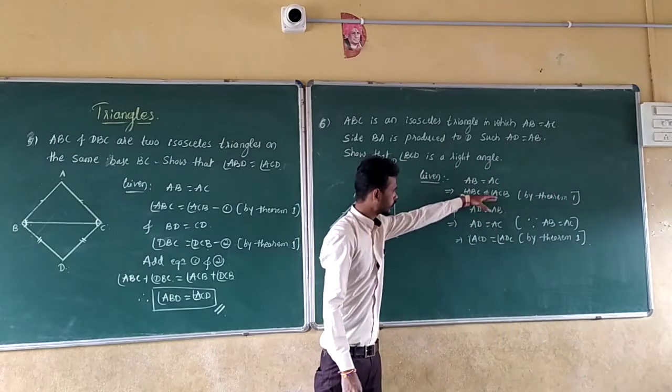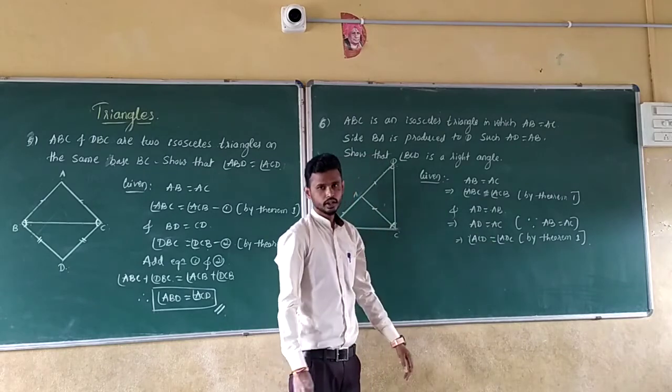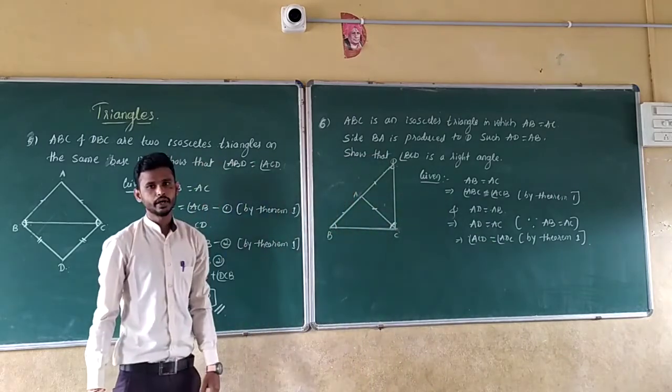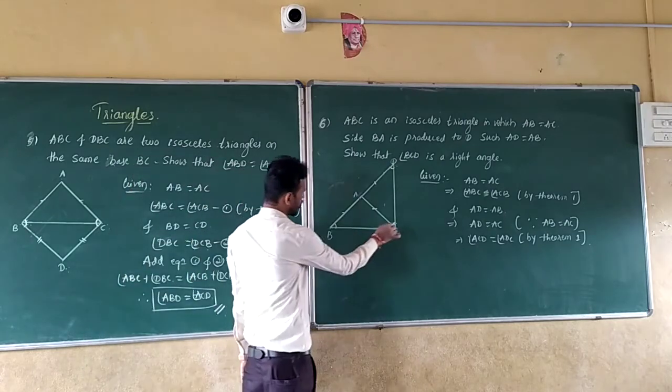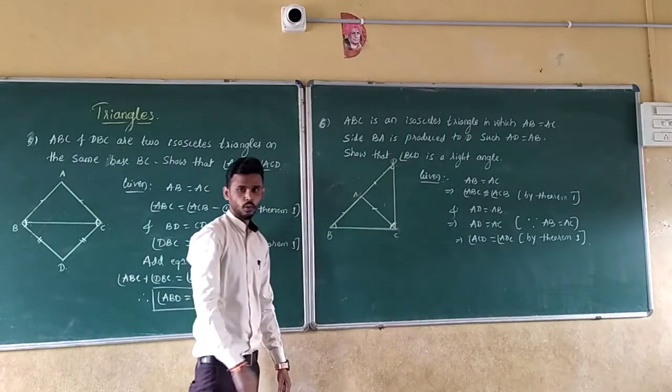So these two angles are equal and these two angles are equal. Now, by the angle sum property of a triangle, the sum of all three angles of a triangle is 180 degree.